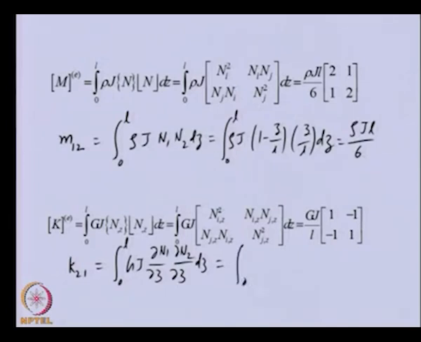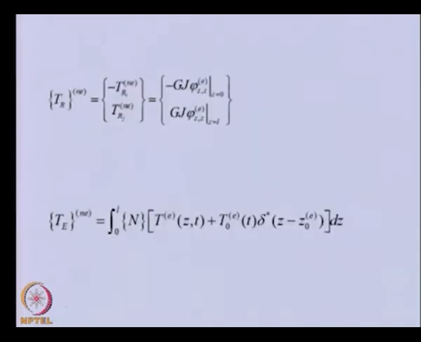If we differentiate, obviously we will get minus 1 by L, and from the second term, differentiating with respect to z, we will get 1 by L dz. This will give us the term minus G j by L. So that is K21. Similarly, other terms we can obtain on similar lines.